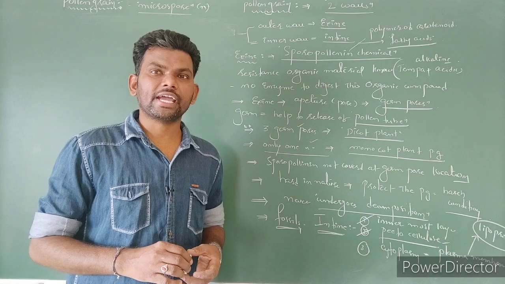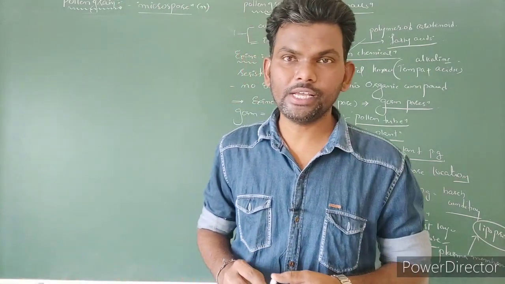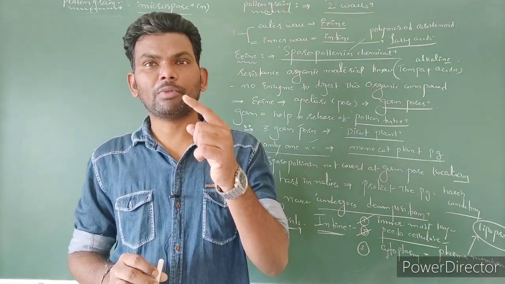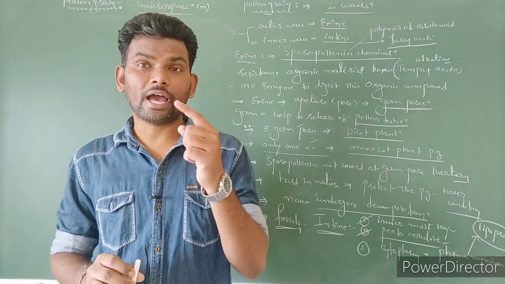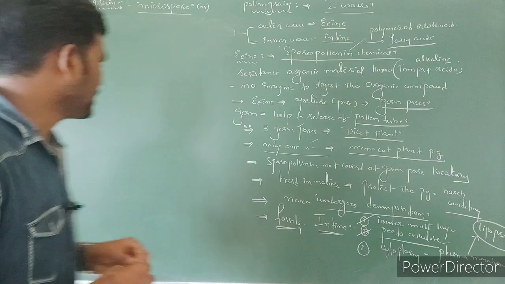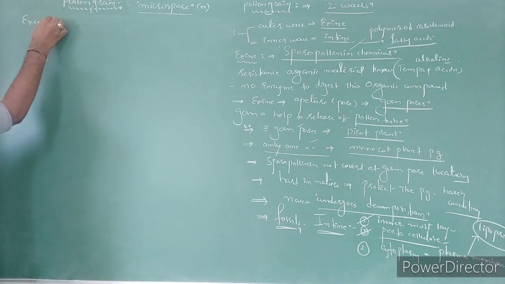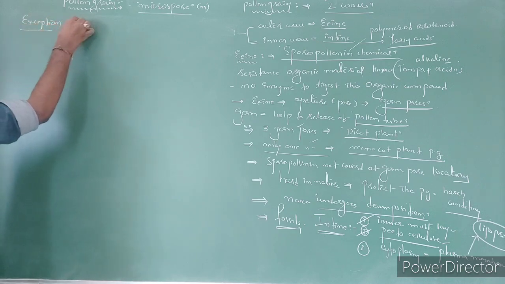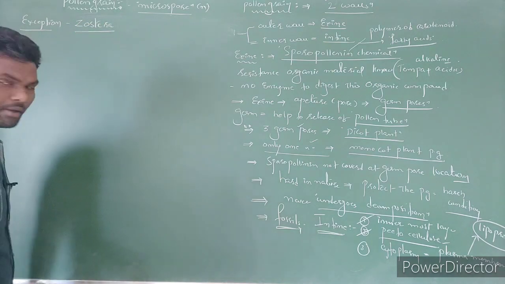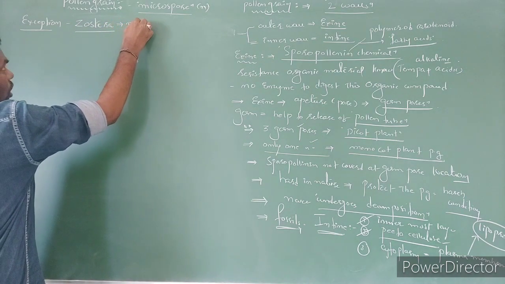Generally, in most cases the exine layer is made up of sporopollenin, but exceptions are there. The exception is the Zostera plant. Zostera pollen grains are not made up of an exine layer. It is a marine angiosperm. The pollen grains are ribbon in shape.